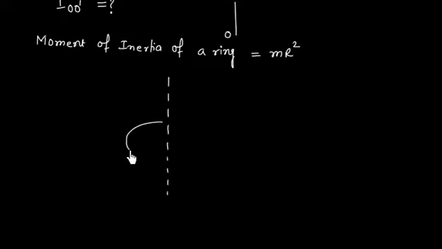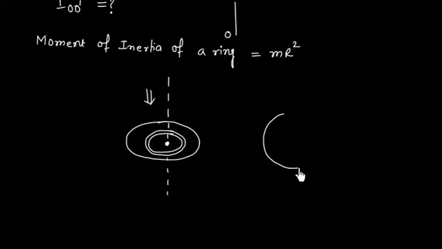So now let us consider this disk. And we can consider an elemental ring. If I look from the top, this will look something like this.